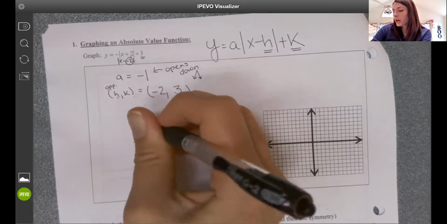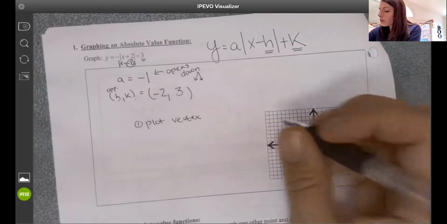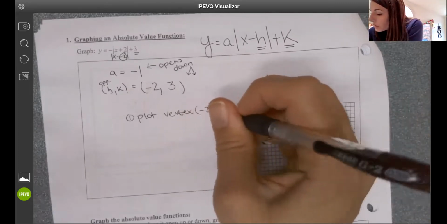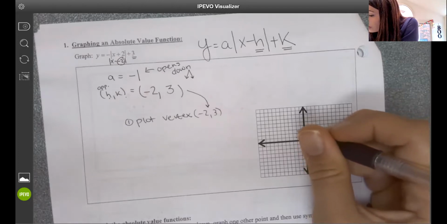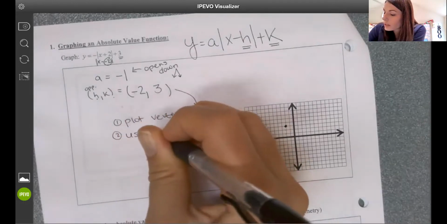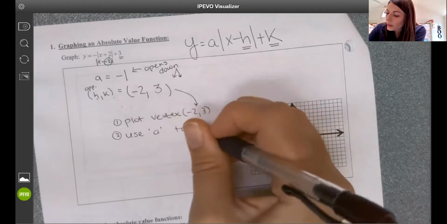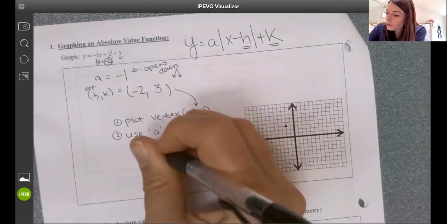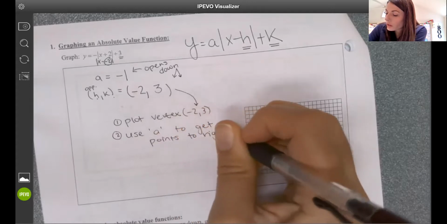Now we will plot the vertex. So our vertex is negative 2, 3. Negative 2, 1, 2, 3. And we will use A to get points to the right of that vertex.